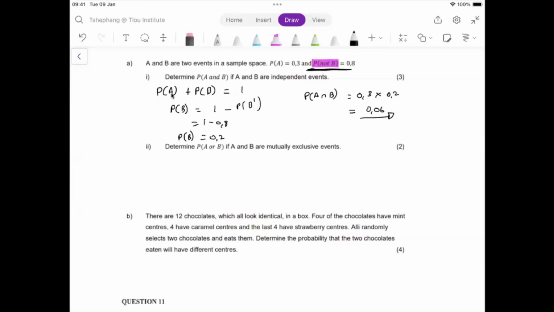Now, number 2, determine the probability of A or B if A and B are mutually exclusive events. I gave you definitions for mutually exclusive events. That's why we spend so much time looking at the definitions and addressing any concerns with those definitions or phrases and terms that they can use.